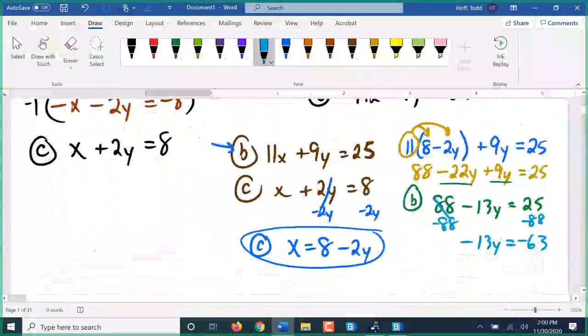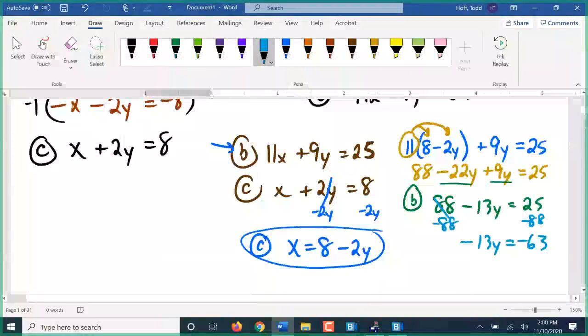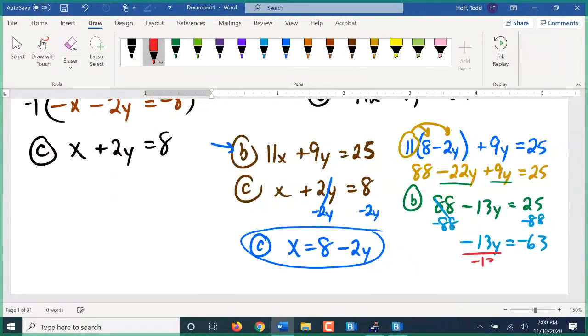Okay, so we're going to divide here to solve for y by negative 13.